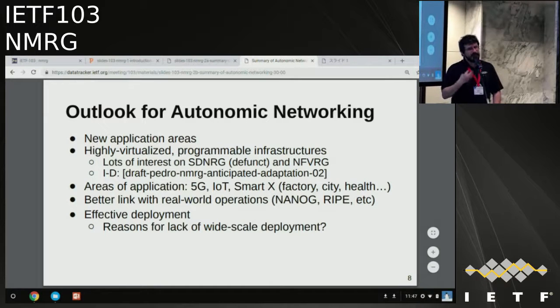Some people say that one of the problems of autonomic networking is the lack of real deployments, and the ones who can bring some information on real deployments are the operators. So this is a good source of information for autonomic networking.